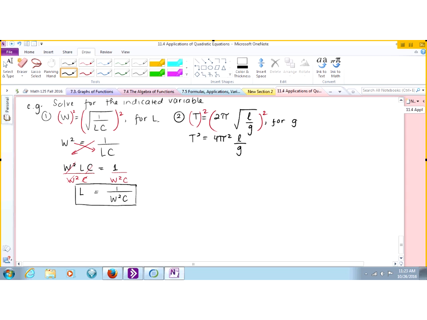Now do I have fractions? What do I do with my fractions? You multiply by G both sides, or you could say, oh, this is a proportion, so either way. So multiply by G both sides. G times G. So this G cancels. G T squared, or you could write it as T squared G, it doesn't matter, is equal to 4 pi squared L. And how do we solve for G then?